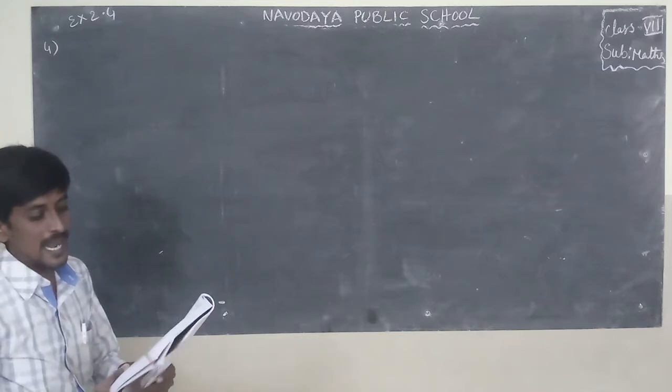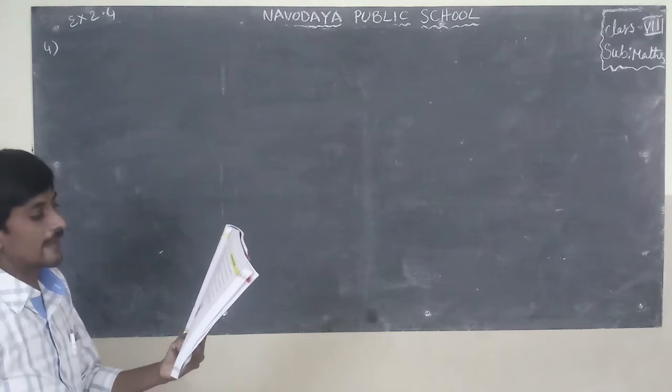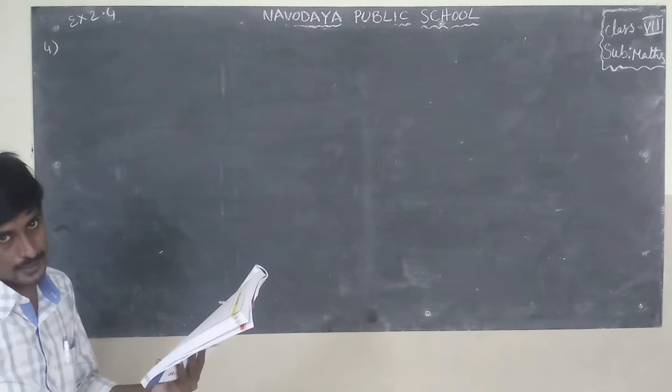If the two parts are in the ratio 5:3, find the number and the two parts.